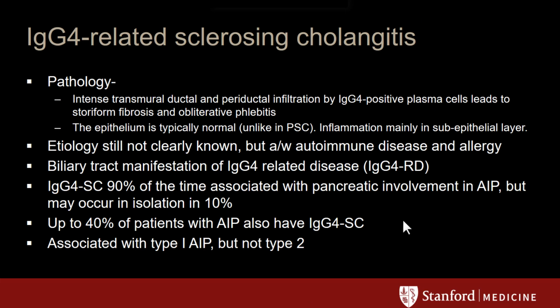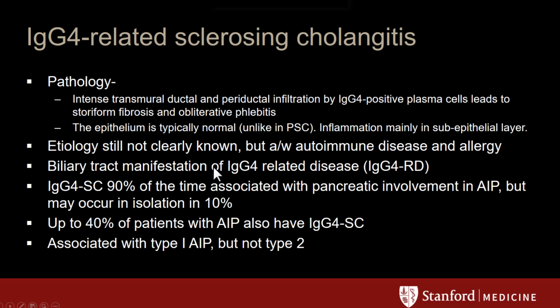So, the pathology is you get transmural ductal and periductal infiltration by these IgG4-positive plasma cells, causing fibrosis and obliterative phlebitis. The epithelium is normal, unlike in PSC.